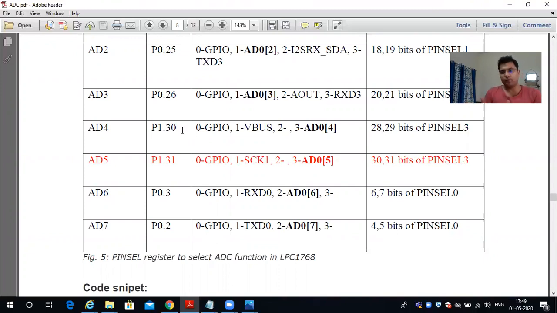Now in the next phase, we will understand how our ADC module, that is the analog to digital converter, works. Actually, all the channels of our ADC module are multiplexed with a 12-bit successive approximation register.